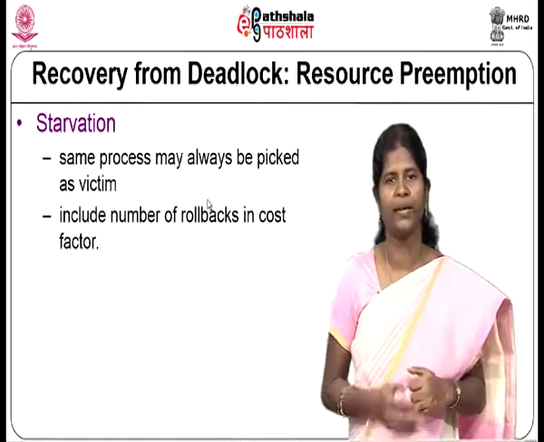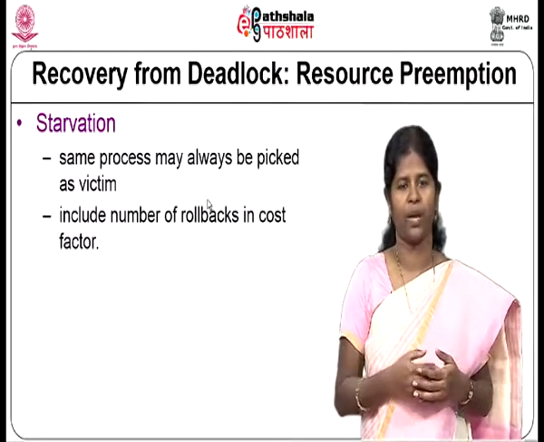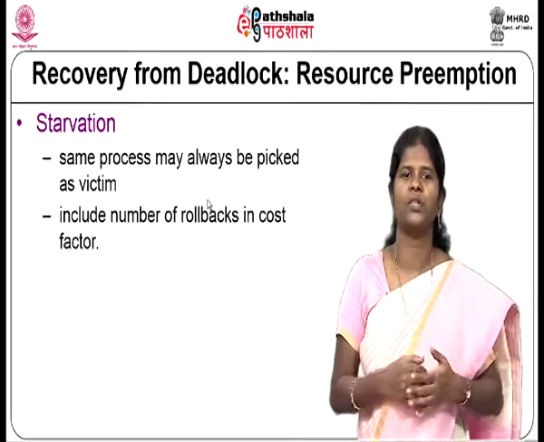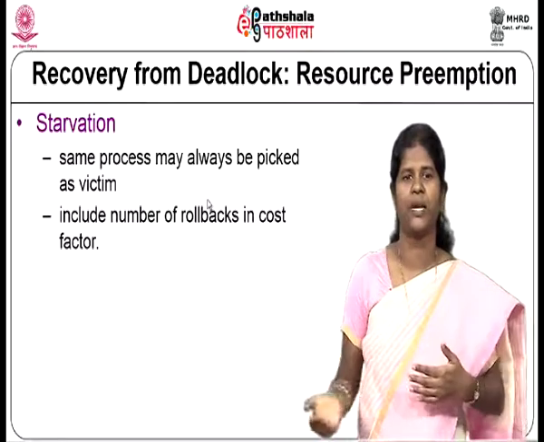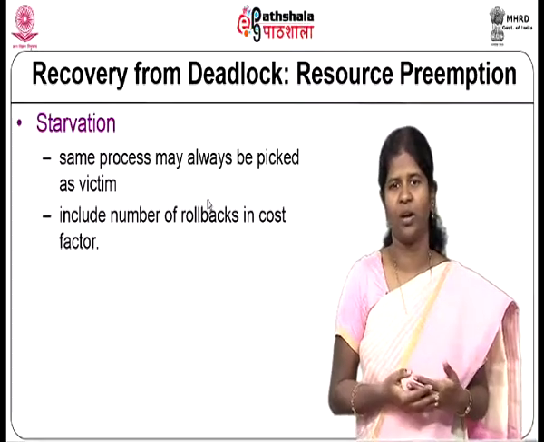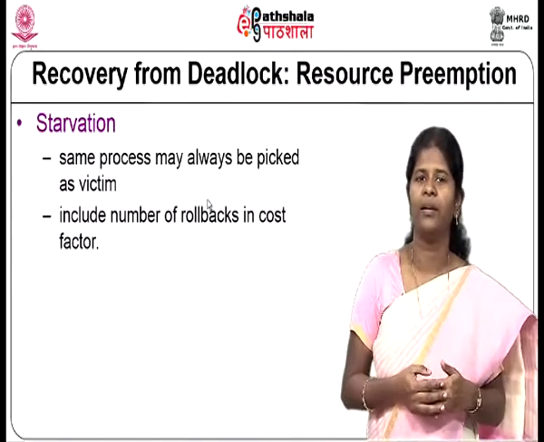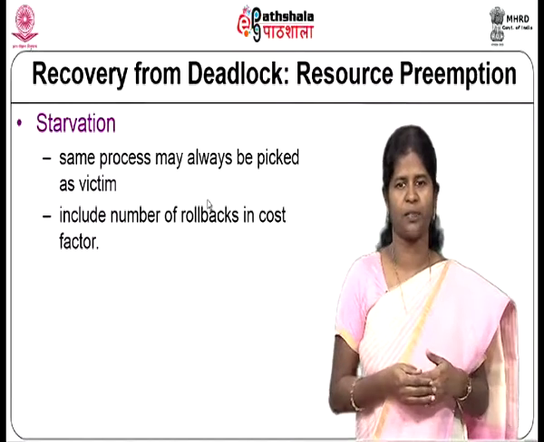The next issue that needs to be addressed is starvation. When you are preempting resources from a process, there is quite a possibility that the same process will always be picked as a victim, maybe because it is a low priority process. You need to ensure that starvation does not happen in the system.